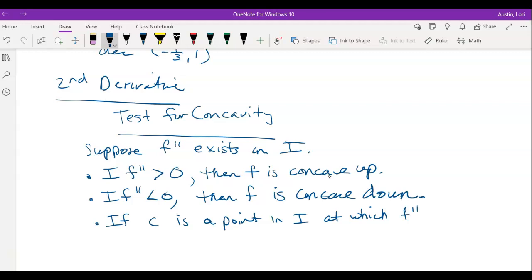All right. So if C is a point in I at which F double prime, because this is the second derivative test, changes sign. So when you see F double prime, you're thinking concavity changes. F double prime changes sign.